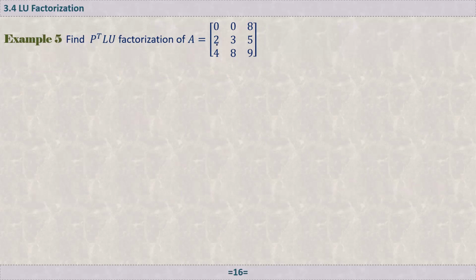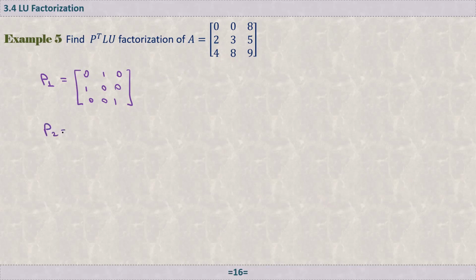Because I need to interchange the first row with the second row and the second row with the third row. If I do so, what do we have here? P1 will be, since I need to change the first row with the second row, 0, 1, 0, 1, 0, 0, 0, 0, 1, right? And I should multiply the result one more time by P2.